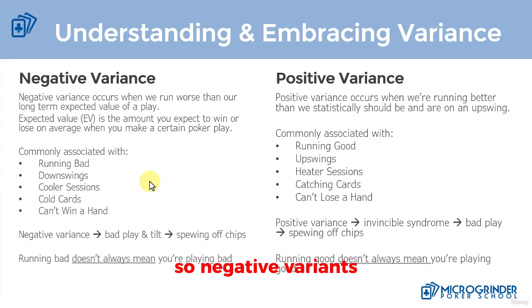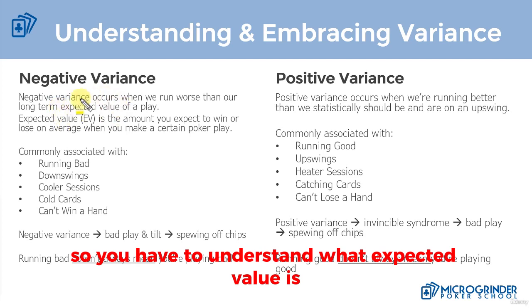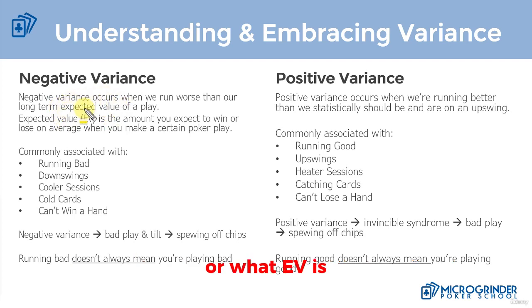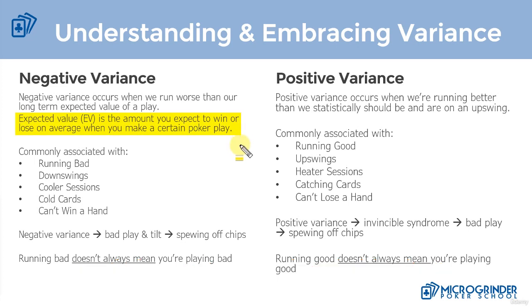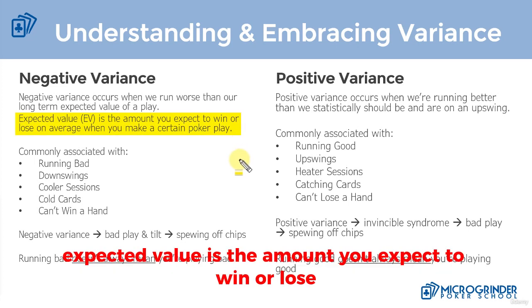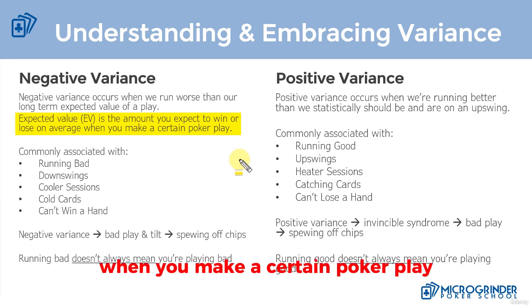Negative variance is what occurs when we run worse than our long-term expected value of a play. So you have to understand what expected value, or EV, is, and I have a very simple definition here. Expected value is the amount you expect to win or lose on average when you make a certain poker play.